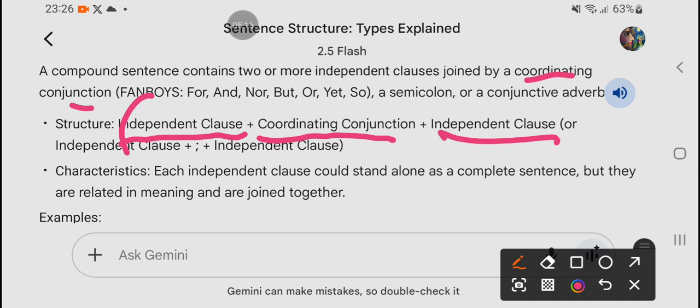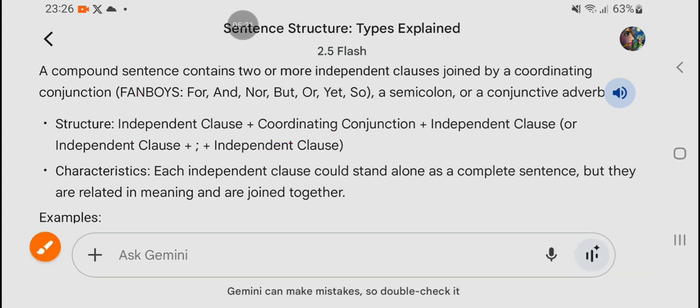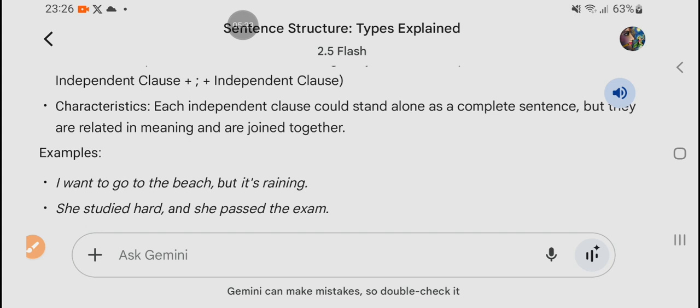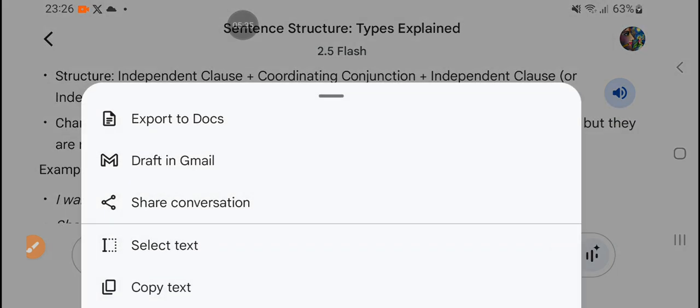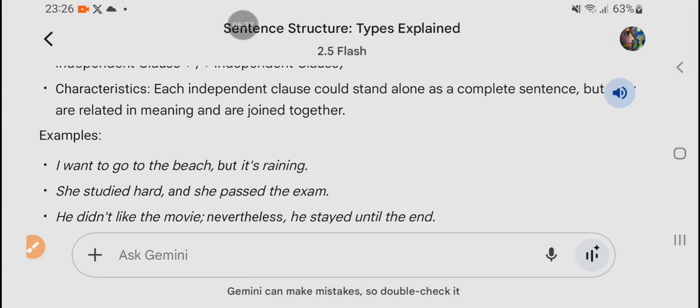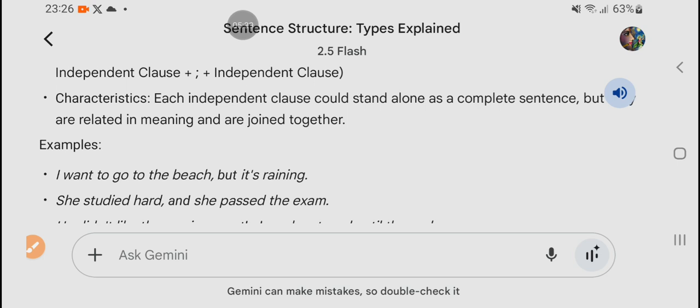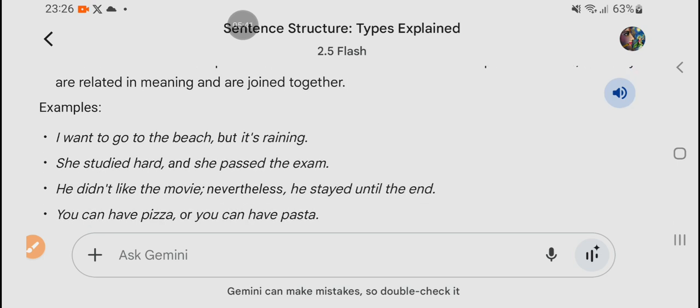Or independent clause plus independent clause. Each independent clause could stand alone as a complete sentence, right? But they are related in meaning and are joined together.